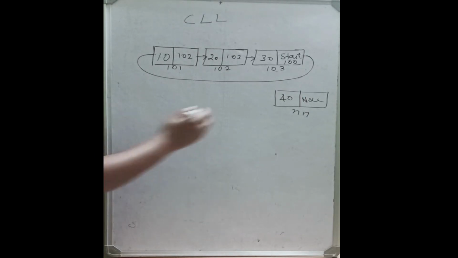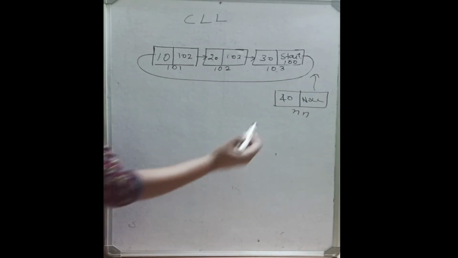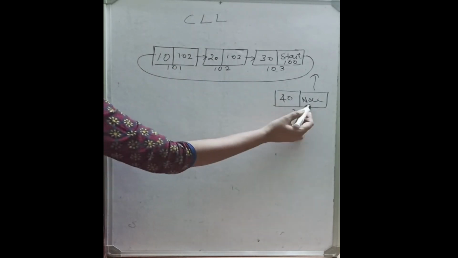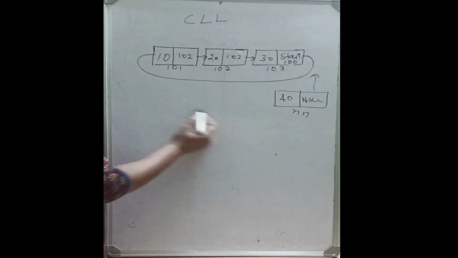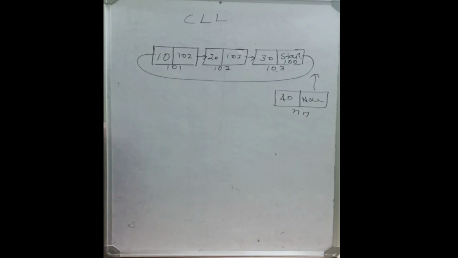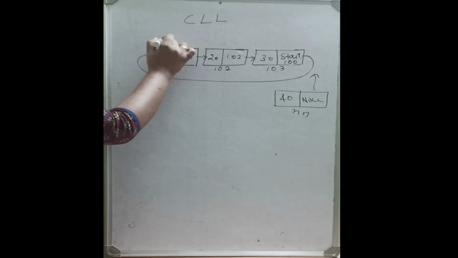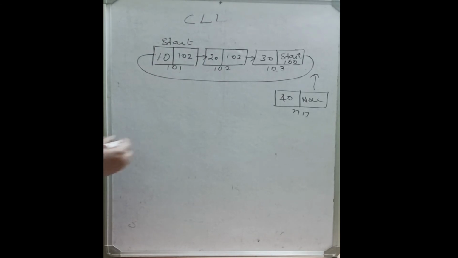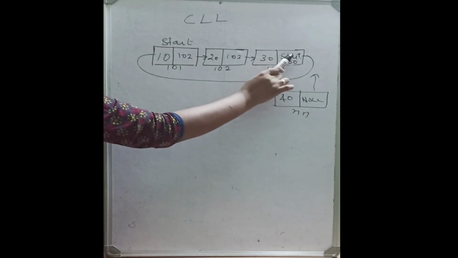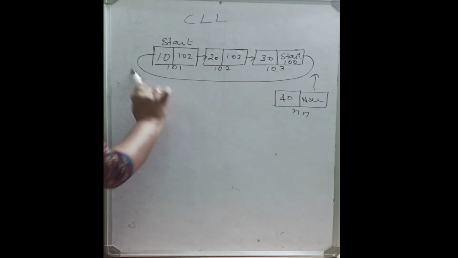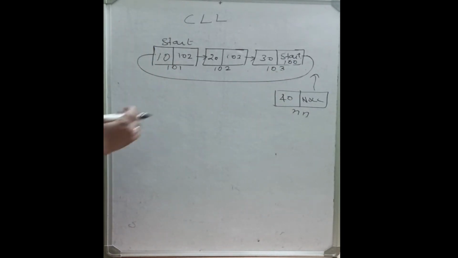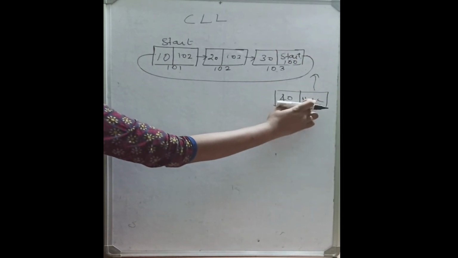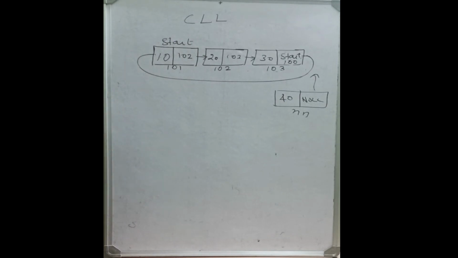So now we are going to insert a node here. This will be the end. Here we are going to store the start pointer value. Then we have to create a link between this one and this one. I know only the start pointer here. The value of my start is 101. The last node will have the address of the first node. So if you insert a new node at the end, after this node, the first node has to come.